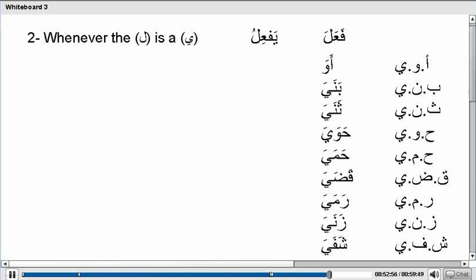So we turn it into an alif, but pay attention. When we turn it into an alif, we're going to write it just like a ya, but without dots. This particular alif is going to take the form of a ya.